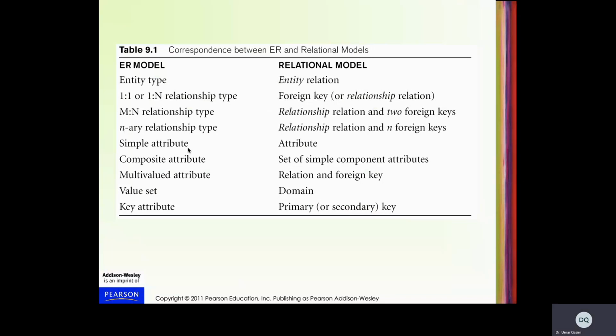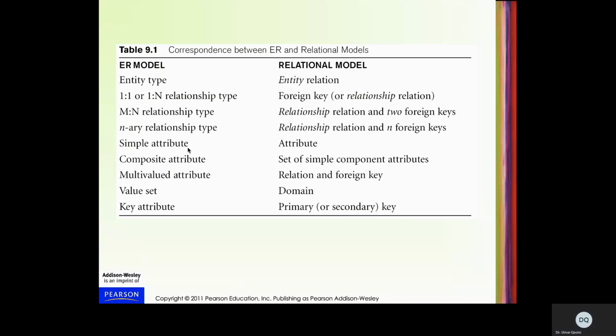For many-to-many relationship types, we are creating a new relation and then using 2 foreign keys to address those. In n-ary relationship types, we create a new relation and then use n foreign keys in that new relation. Simple attributes become attributes in relational model.